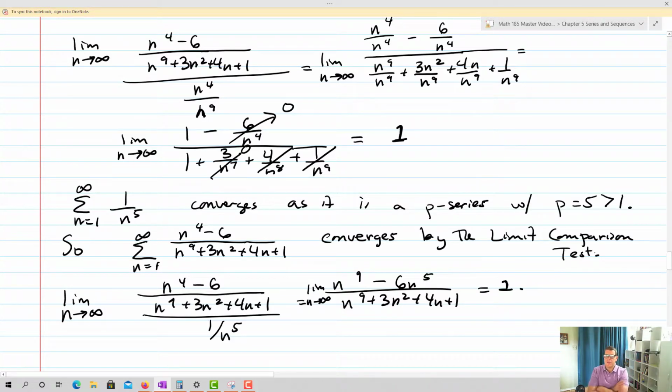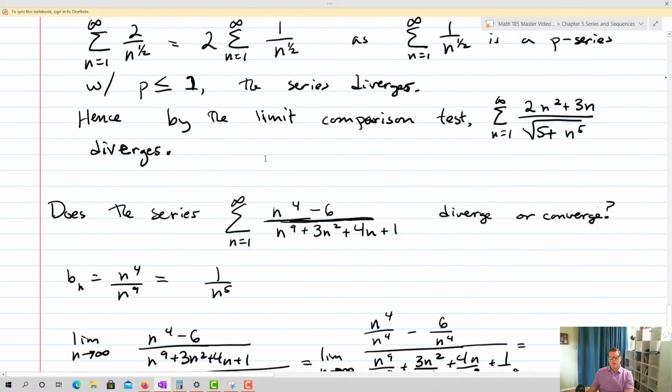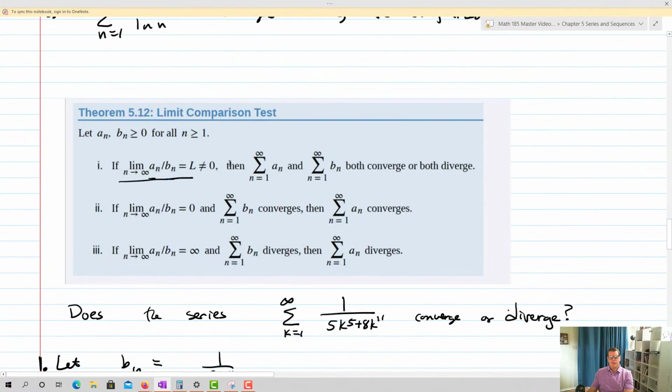You've got 3 different options that will tell you whether or not your series diverges or converges. The trick here is to select an appropriate series to compare it against, but also to make sure that you're using the right one of these 3 choices. If you find that your limit goes to 0, you need to show that b sub n converges. If it doesn't converge, you haven't proven anything.